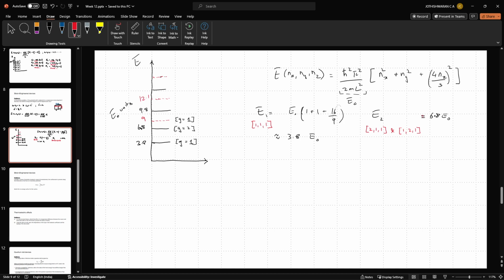So now what we will have is, we will have 2 ladders. So this is the unprimed ladder, and this is what I shall call the primed ladder.